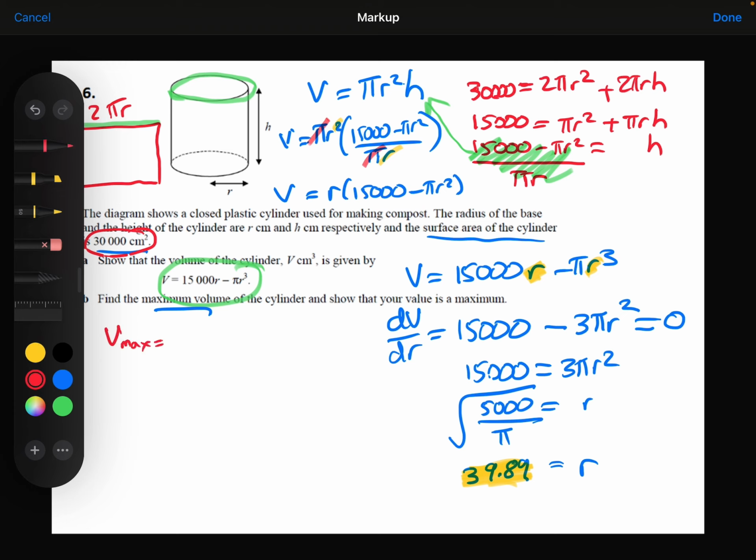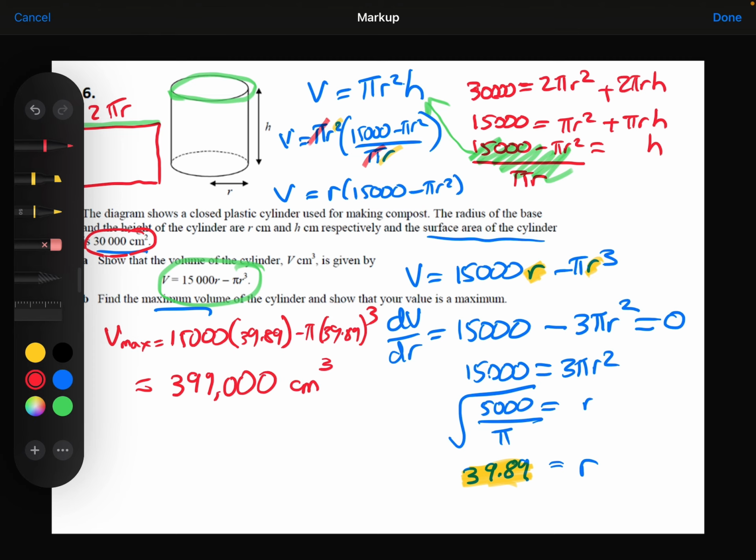So Vmax is equal to 15,000 times the 39.89 minus the pi times 39.89 cubed, which gives 399,000 to three significant figures.